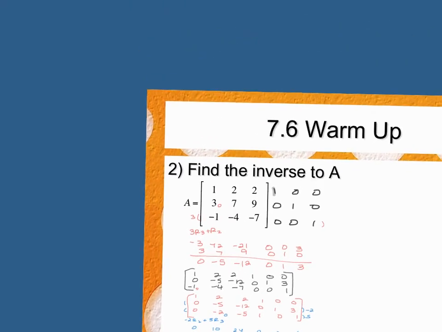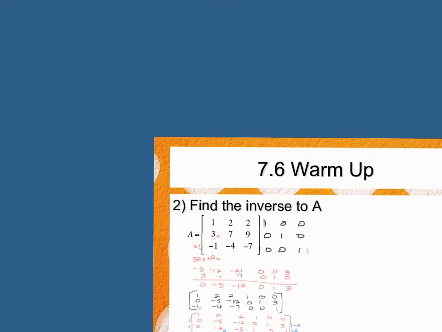And that is my new row 3. So 1, 2, 2, 1, 0, 0. 0, -5, -12, 0, 1, 3, and 0, 0, -1, 5, -2, -1.